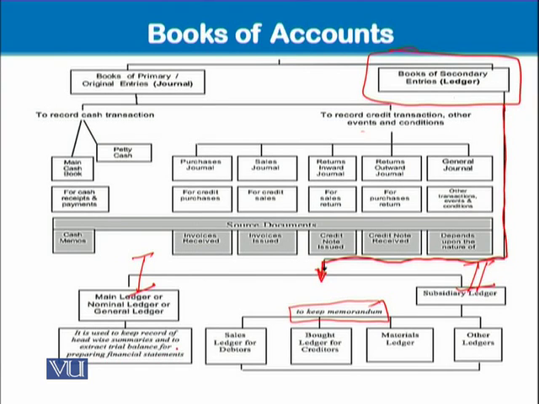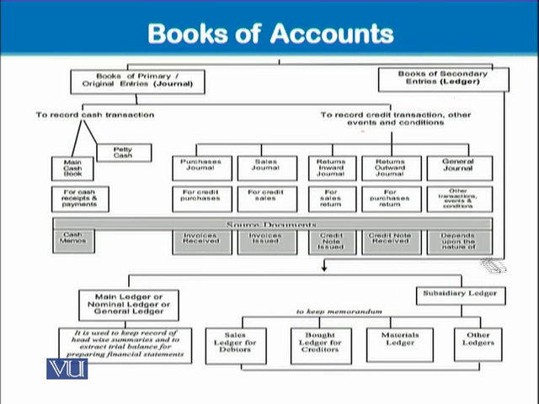If you do recall, this is what we discussed in the accounting cycle as well. So all these are the books of accounts. Basically, the journal is split into two, for cash and for credit transactions and for other events and conditions. Then the second book is ledger, which is further split into two: main ledger and subsidiary ledger.